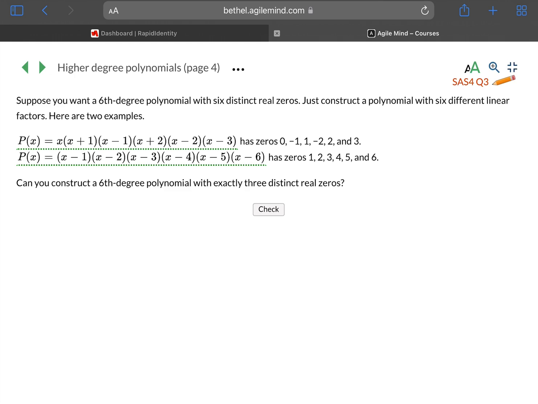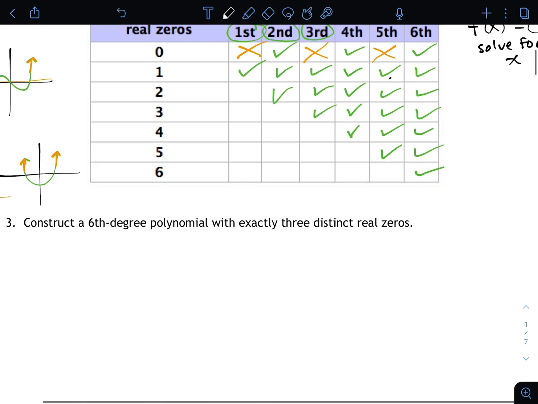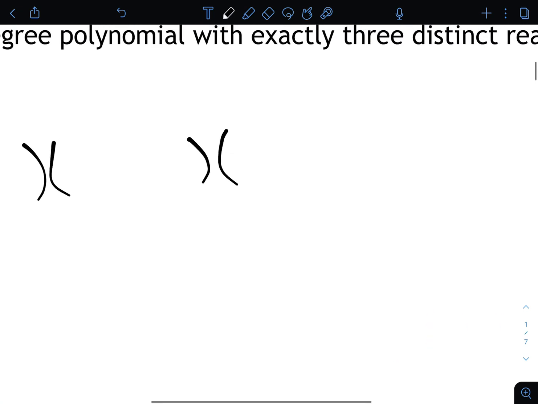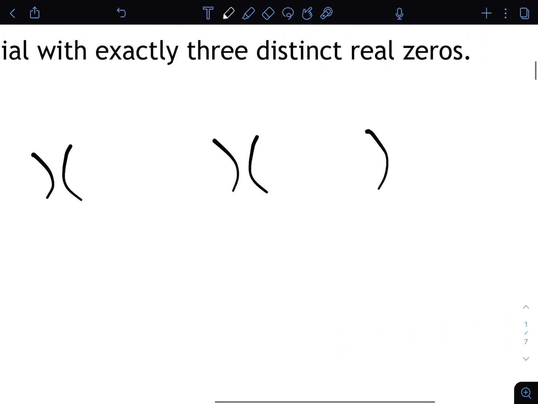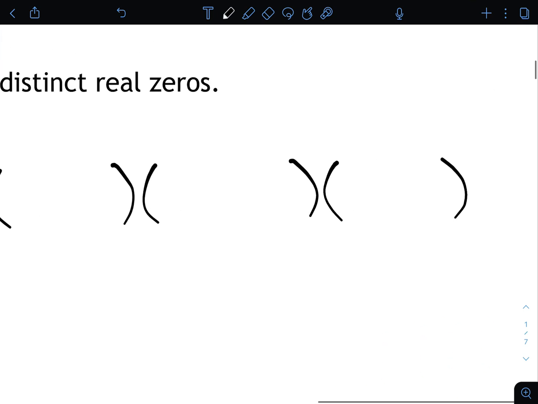All we have to do is recognize that if we want a 6th degree polynomial, I can just break it up into 6 different groups with x in it. So 1, 2, 3, 4, 5, 6.